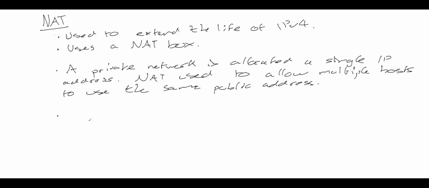One solution you might think of is to store the private IP address in the packet as well as the public IP. But there isn't enough room in an IP packet to do that. So what we need to do is use the port numbers.